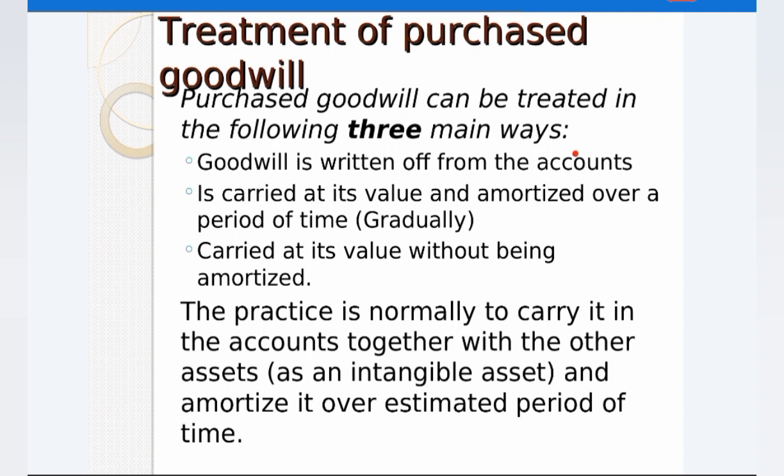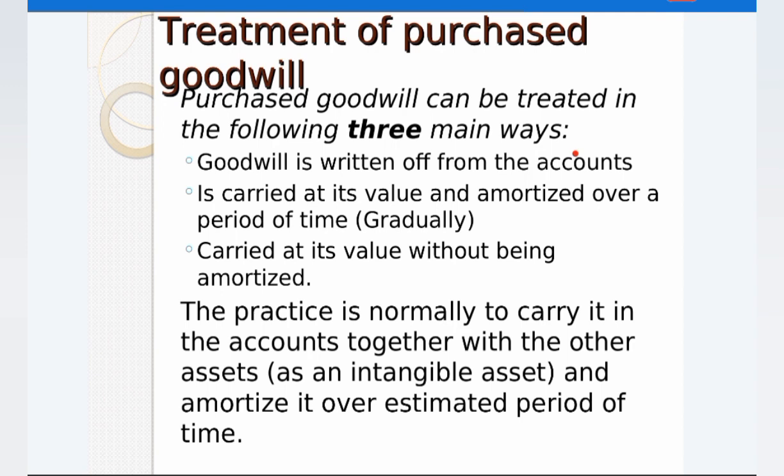We can say, for instance, we have determined our goodwill is the 500,000, but we say this goodwill should be written off within 5 years. So maybe we can say then every year we shed off 100,000, so that by the time 5 years elapse, we will have completely written it off from our books. So we can carry it in the books of accounts and slowly write it off over a period of time.